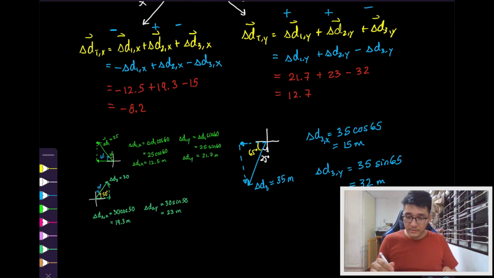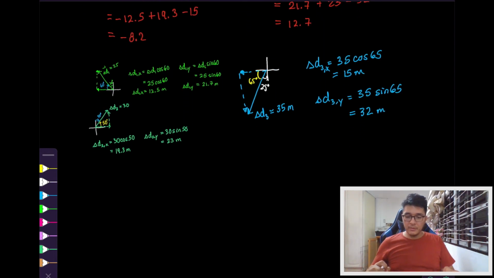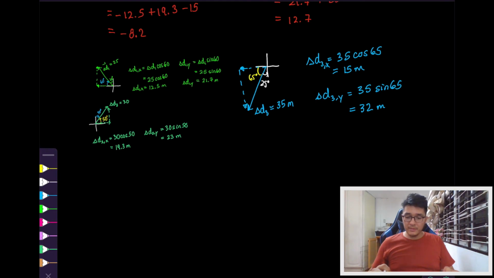So from this, it appears that the total displacement, the x part points to the left, and the y part points up. So the whole reason why we found the components is that now we want to reconstruct it. So the x component points to the left, and the y component points up.